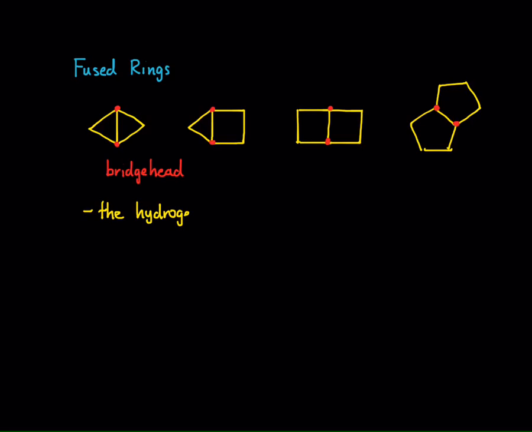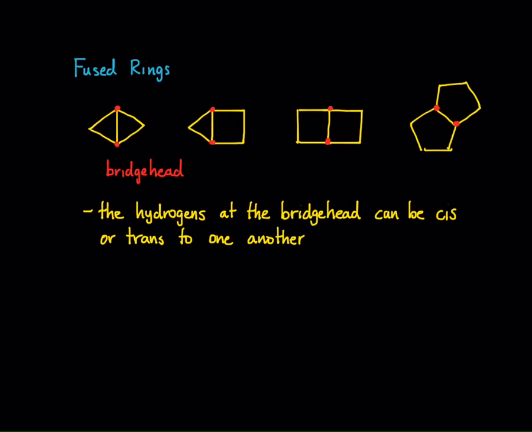Now, interestingly enough, if we think about stereochemistry, the hydrogens at the bridgehead can either be cis or trans to one another. We don't see that in smaller rings, but we do see that when we get into six-membered rings and on up. So the simplest fused six-membered ring system looks like this. It's called decalin.